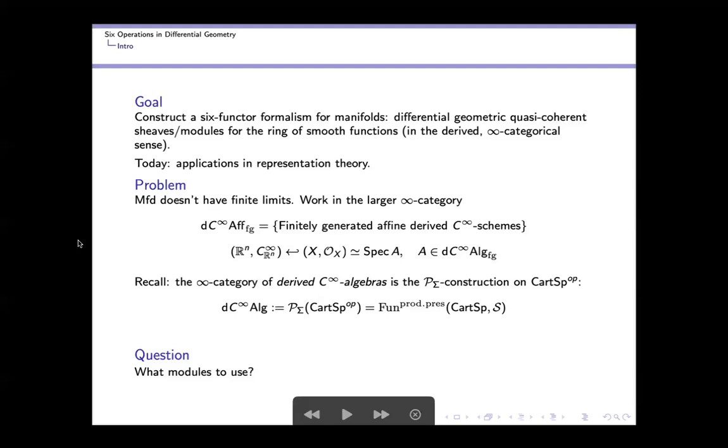So I want to say that the six-functor formalism is going to be sheaves of modules, or modules for the ring of smooth functions. So now we have a question: what kind of modules do we use? Well, a ring of smooth functions is just an ordinary commutative algebra over the reals, and so there's a category of modules for these, and there's a derived infinity category of modules for these.